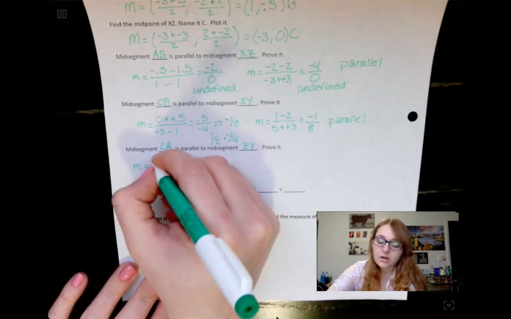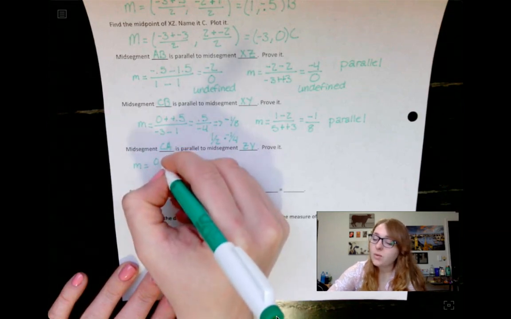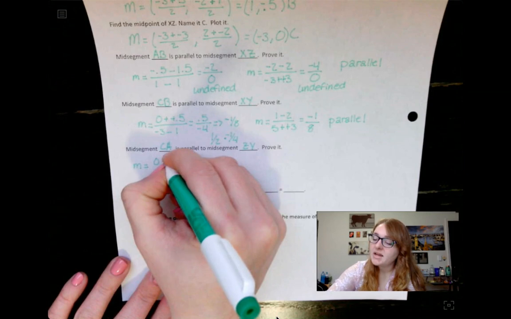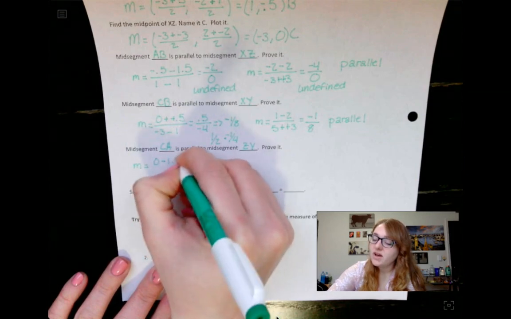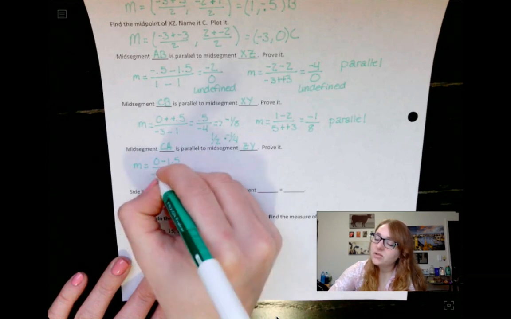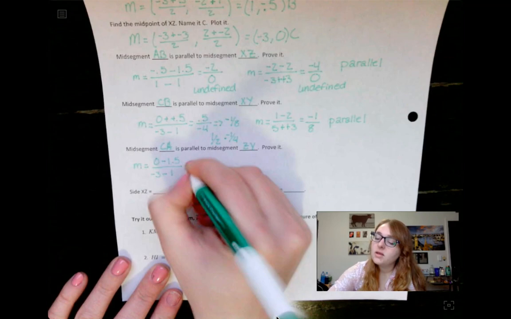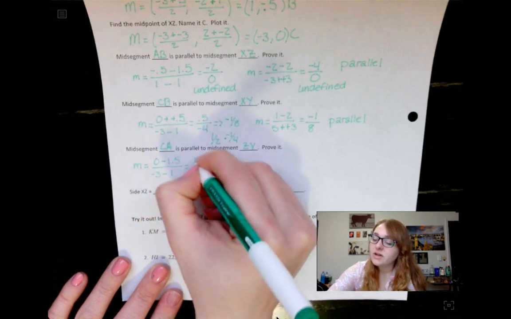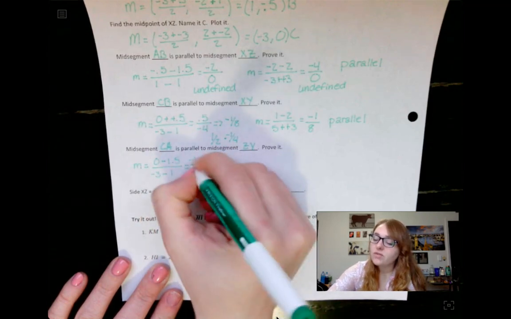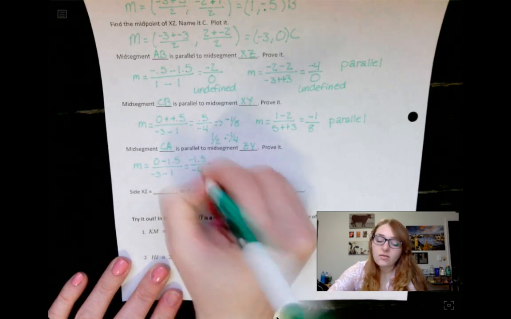So this is going to look like 0, which is our y2, minus our y1, which is 1.5, over our x2, which is negative 3, minus our x1, which is 1. So 0 minus 1.5 is going to give us negative 1.5, and negative 3 minus 1 is going to give us negative 4.